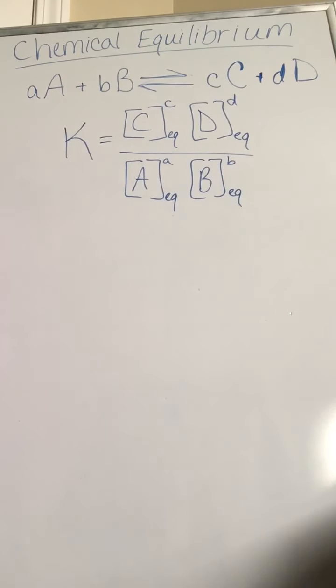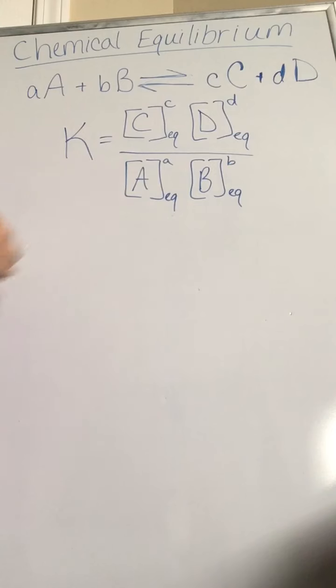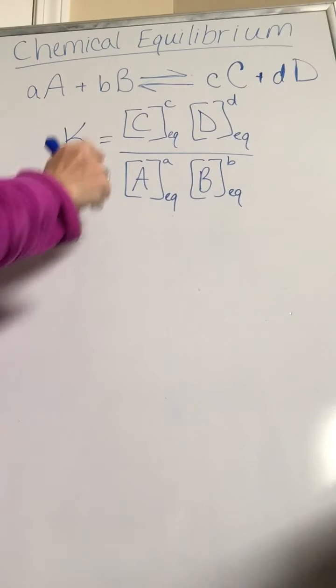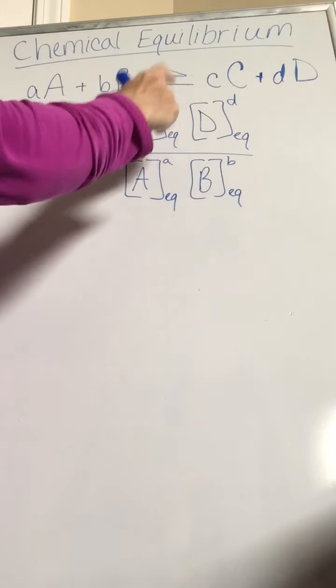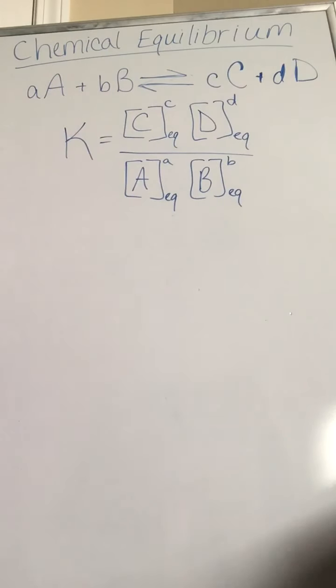I will tell you through this chapter, if you're doing any of these equilibrium constant calculations, you're not going to have to balance the chemical equations. So the coefficients should already be there for you, but you just need to make a big note that the equilibrium constant does use the coefficients in front of the molecules in the reaction, whereas the rate constant that we learned in the last chapter did not.